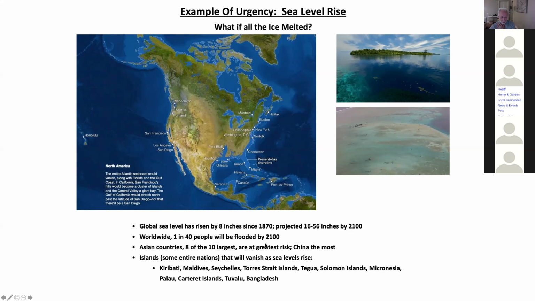Asian countries are at greatest risk, and as I emphasized earlier, entire islands and nations are disappearing, and we can't stop the ice from melting, so we can't stop these islands from going underwater.